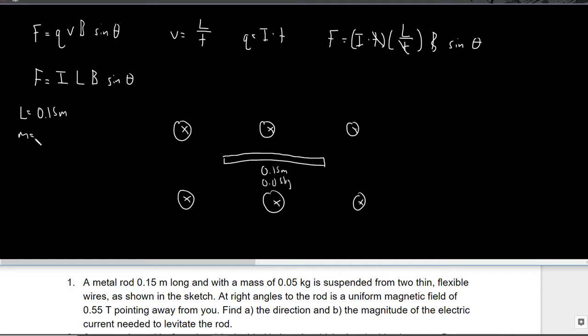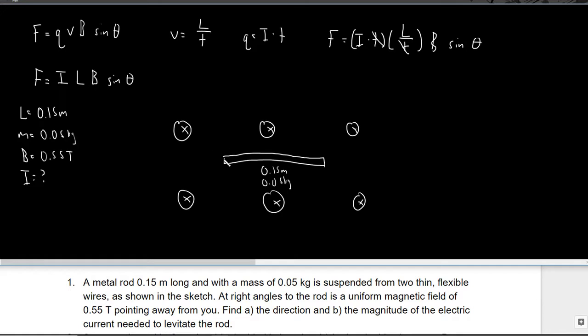Mass of the rod that they're giving us for some reason is 0.05 kilograms. Strength of the magnetic field they said was 0.55 teslas. And they want us to find A, the direction, and B, the magnitude of the electric current needed to levitate the rod.